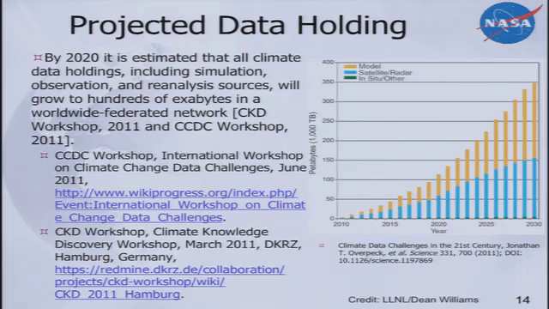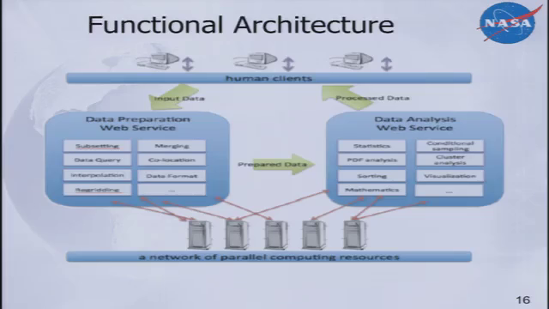Right? It's growing tremendously. And the blue color shows observation, and the orange color shows the model. So the data set is certainly growing tremendously, and it's going to be a big data management challenge.